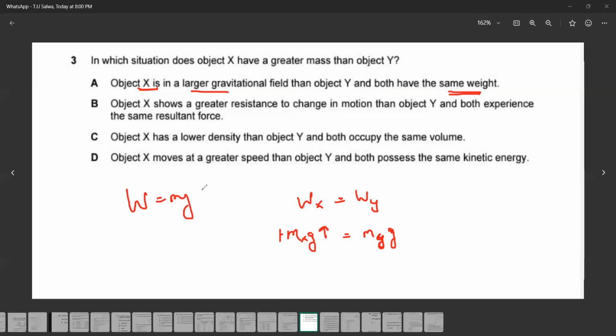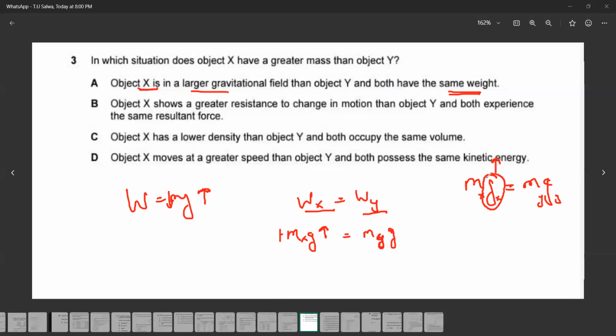If the gravitational field strength is more, the mass should be less to get the same value, because weight of X equals weight of Y. So mass of X times gravity of X equals mass of Y times gravity of Y. In the question they mentioned object X is in a large gravitational field, but they have the same weight.